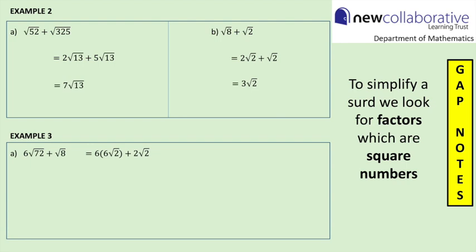So we have 6 multiplied by 6 root 2, add 2 multiplied by root 2. Now the 6 multiplied by 6 root 2 is equal to 36 root 2, and when we add that to 2 root 2, we have a total of 38 root 2.